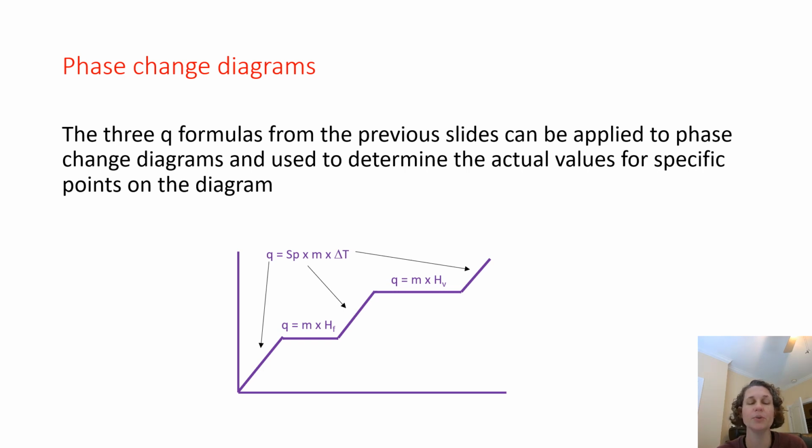You could also put them on a cooling curve, and they can be used to actually determine how much energy it took to melt this ice and turn it into a gas, or whichever phase or state of matter that you are trying to heat up. You can use those 3 formulas or a combination of them or just one of them to find the actual value for energy.